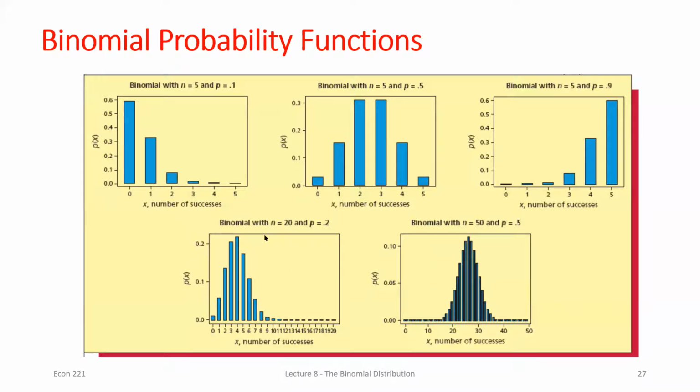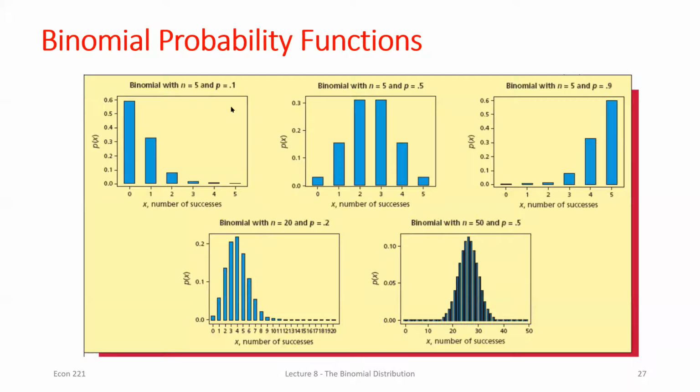And then I have one over here where n is 20 and the probability of success is 0.2. Here the average would be 4. So 4, sure enough, is the most likely outcome. And then as I move away from that mean of 4, the probability of seeing those numbers of successes further from 4 starts to decline. Okay?